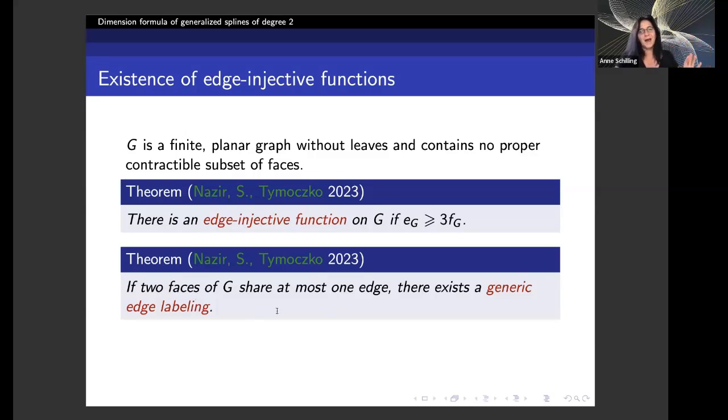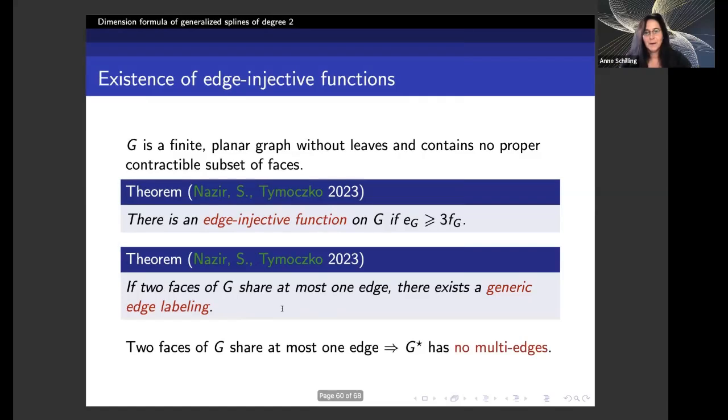We need that in the proofs for certain counting arguments. And notice that this condition, that two faces of G share at most one edge, is equivalent to saying that in the dual graph, there are no multi-edges.